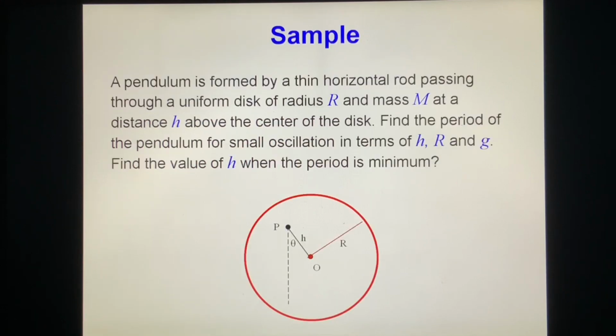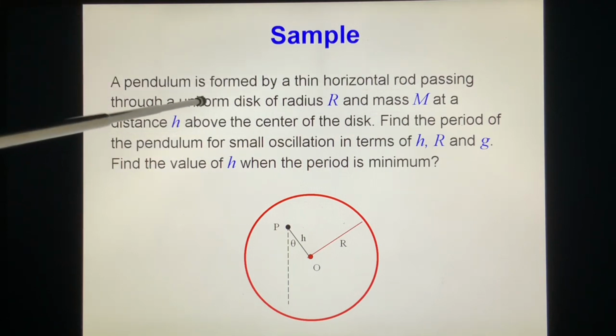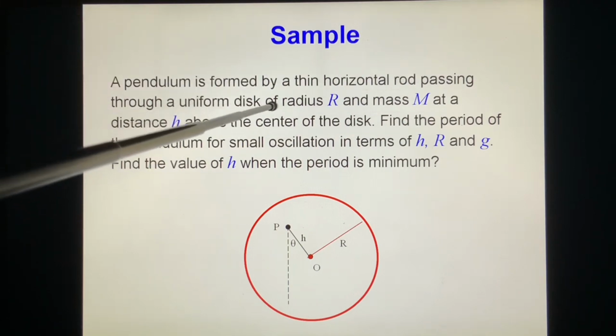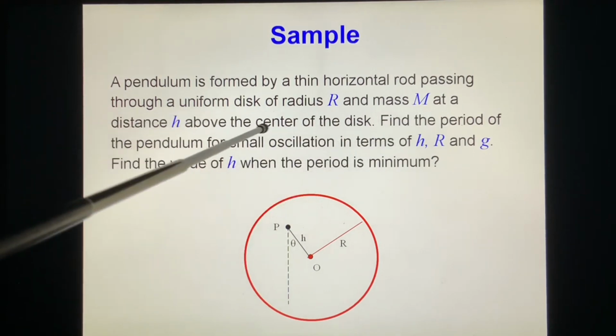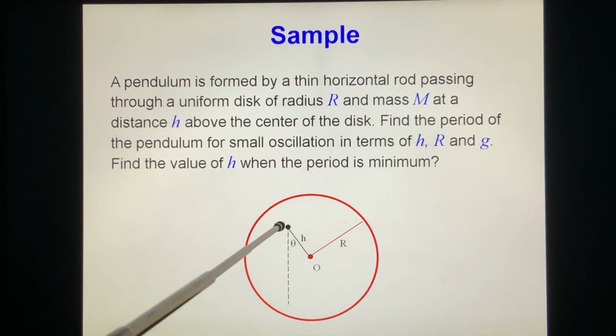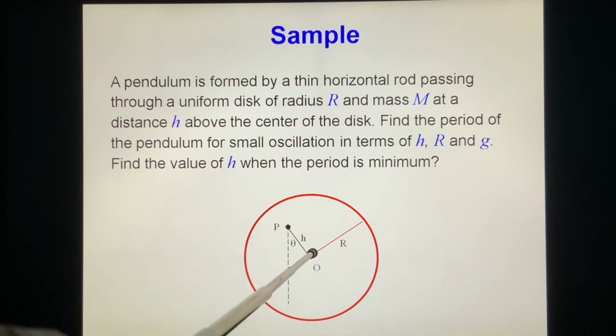Example, a pendulum is formed by a thin horizontal rod passing through a uniform disk of radius r and mass m at a distance h above the center of the disk. Now, this is the point P, horizontal. This is the center of mass. The disk has radius r, and this point P is distance h from the center of mass.